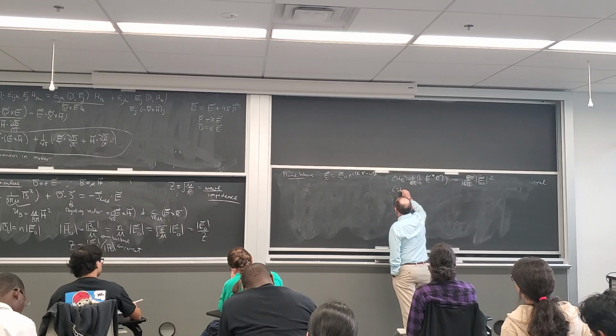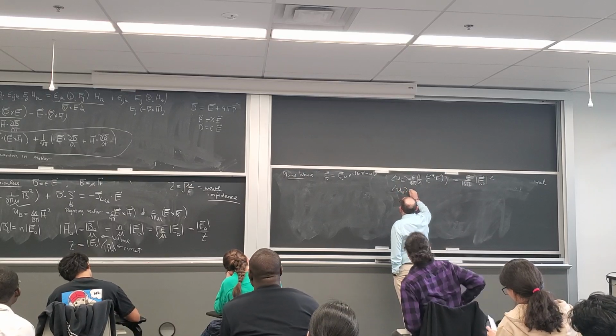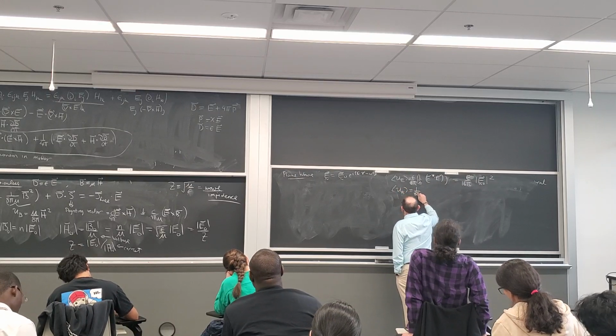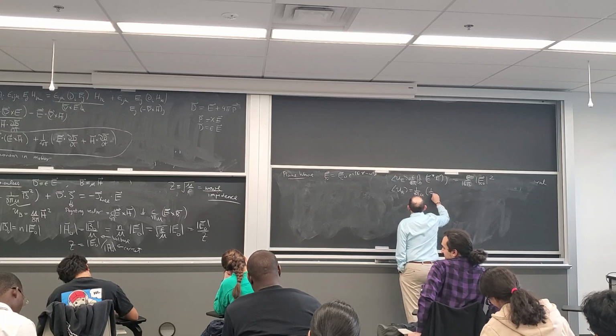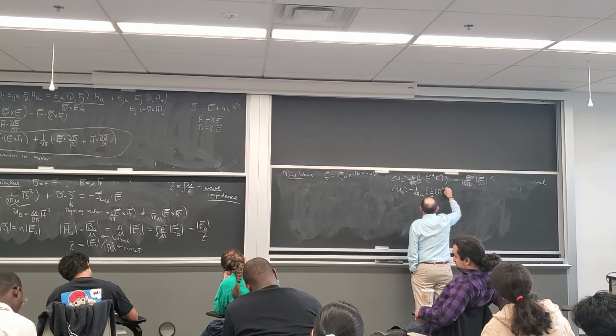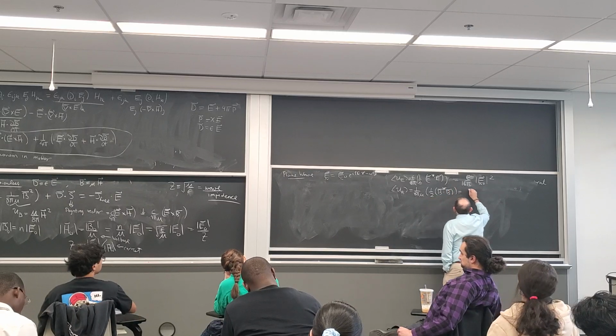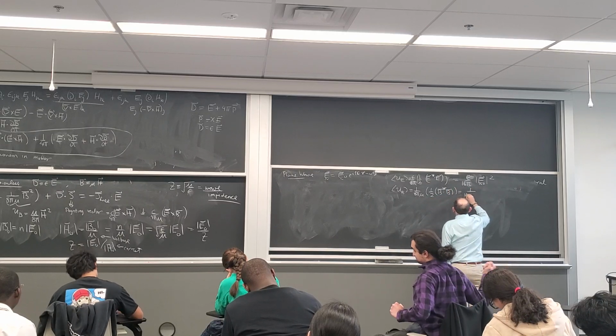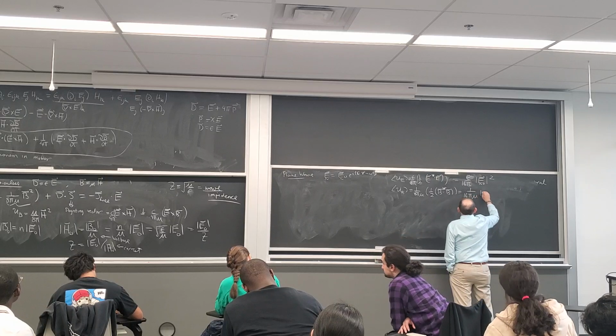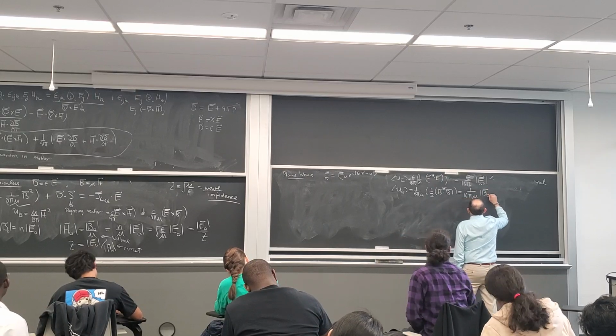In the magnetic field, we have 1 over 8 pi mu, a half B star B, which is 1 over 16 pi mu B naught squared.